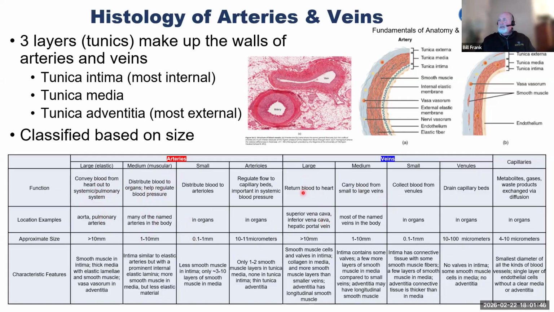And then, of course, the large veins, which would be like the superior vena cava, while the mediums are most of the named veins of the body. I think this is a really nice chart and would encourage you to review it to familiarize yourself with the different characteristics of each.